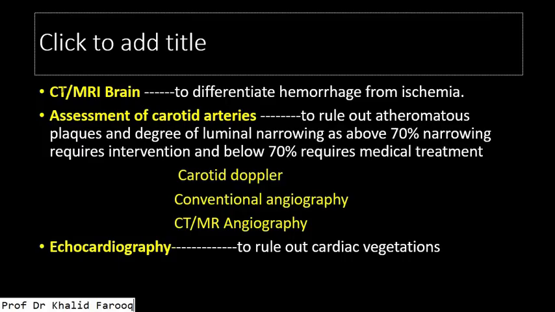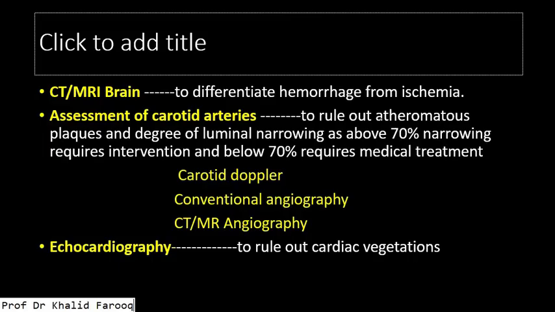Whenever a patient comes with right or left hemiplegia or any focal neurological deficit, we will proceed with the help of CT, and the main aim is to differentiate hemorrhage from ischemia so that we can proceed with appropriate treatment, because the treatment for ischemia is different from that of hemorrhage.